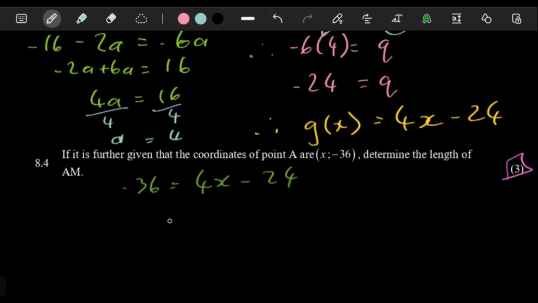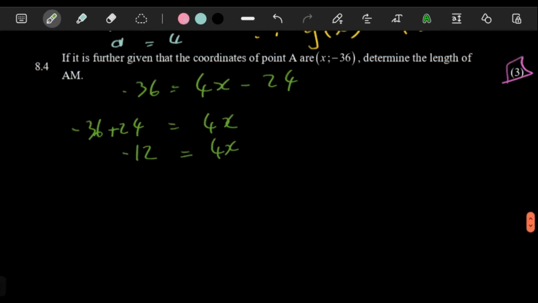So here 24, we have this to the other side, negative 36 plus 24, and this is like 4x, right? Negative 36 plus 24, that's like negative 12. Negative 12 equals 4x. Divide both sides by 4. What do we have here?